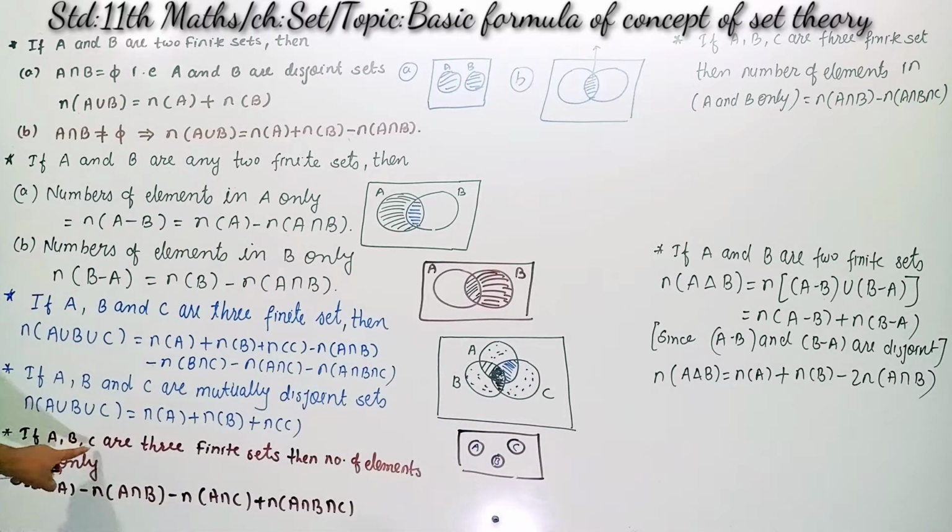Now students, if A, B, C are three finite sets, what is the number of elements in A only?